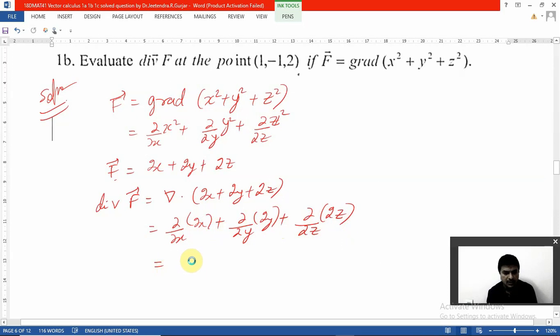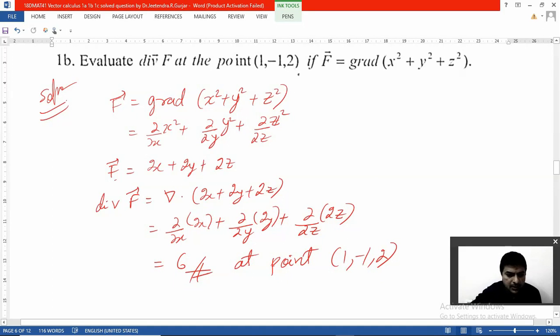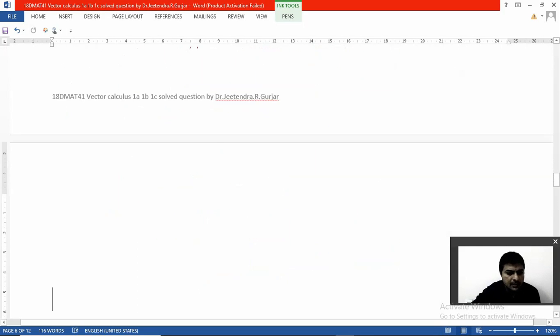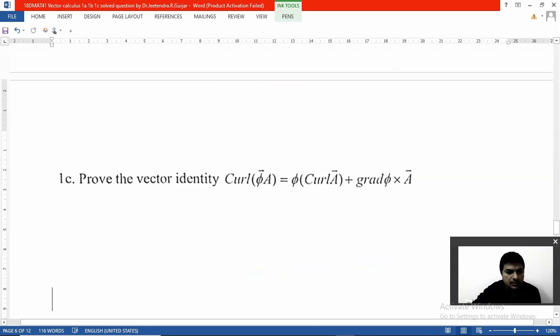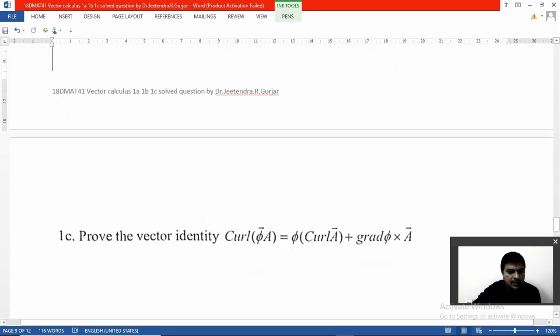So this is 6. Differentiation of x with respect to x is 1. Differentiation of y with respect to y is 1. Differentiation of z with respect to z is 1. So therefore the answer of divergence f bar is 6 at the point they have given, 1, minus 1, 2. So I'm going very fast because this is a question paper. So all the detail already discussed in the previous video. So just I'm going to take the direct solutions. Is it clear students?